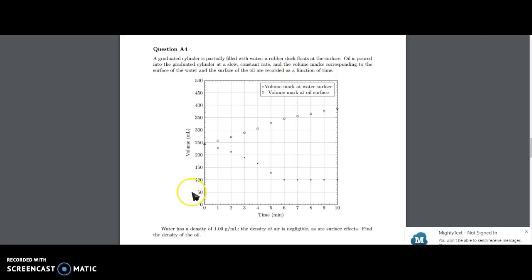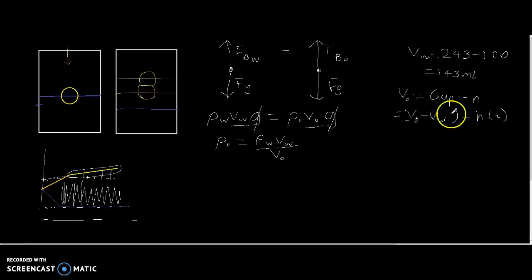If we look at our graph and extrapolate this over here, there's a line at 100 and a line at about 286. So the volume of the oil displaced is 286 minus 100.